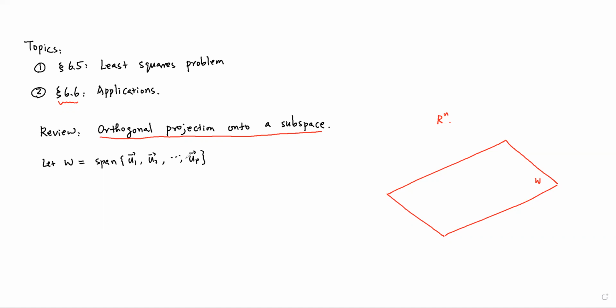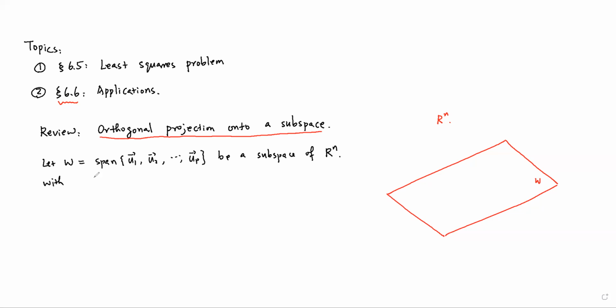Then W is a subspace of R^n. That means that each vector is an n-dimensional vector. Okay. Also, I assume these vectors are linearly independent. You cannot drop any of them from the spanning list.